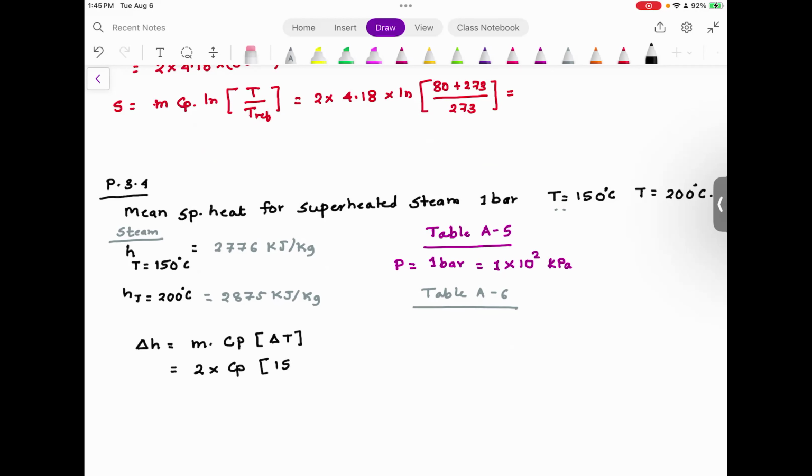The temperature change is 200 minus 150. And here you are going to get 2875 minus 2776, and that should give you the value of Cp. Are you with me so far?